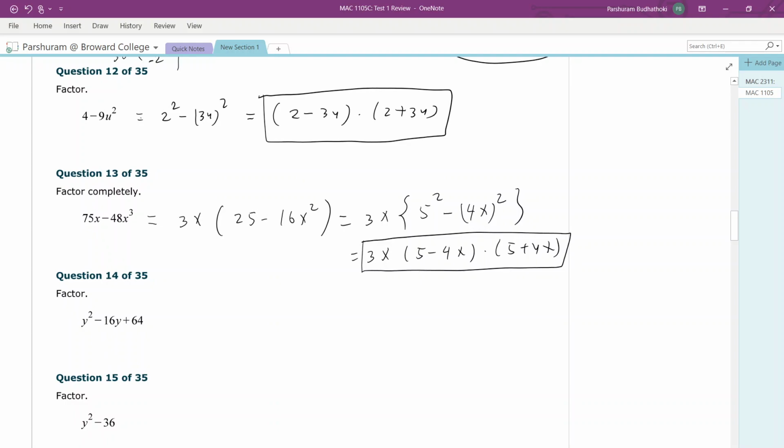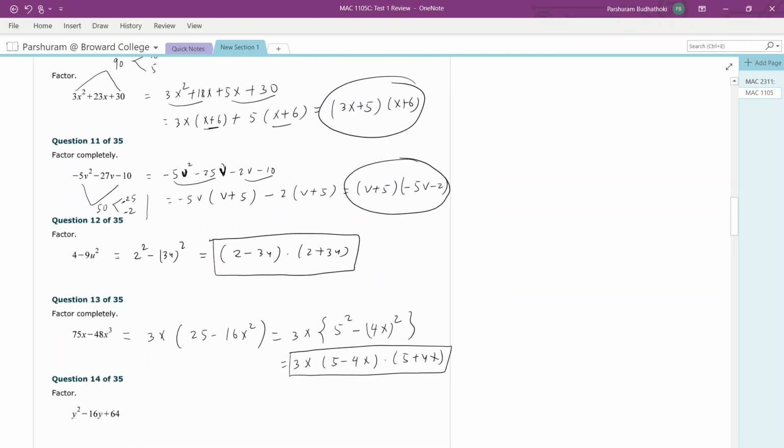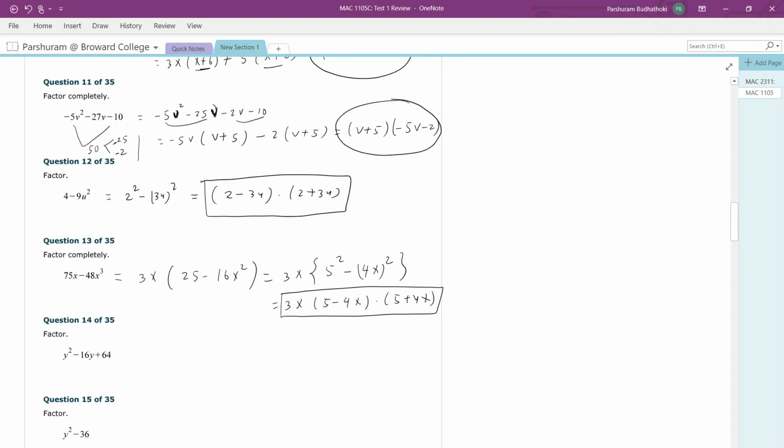Let's go to problem 14. Once again, I can use the same trick here, or, since it looks like a perfect square trinomial, I can use the AC method. I can find the factors of 64, which is 8 times 8, or negative 8 times negative 8, and that gives me the sum negative 16.